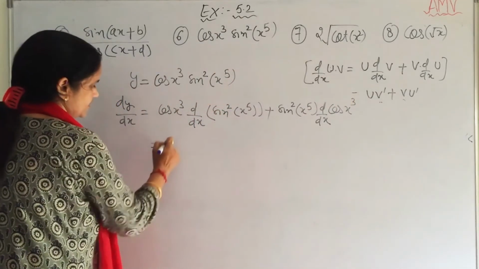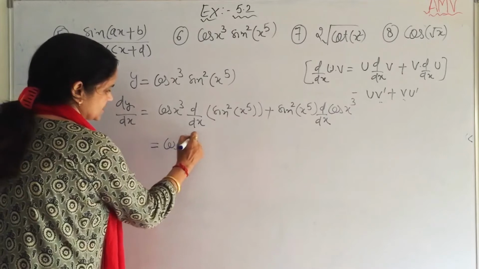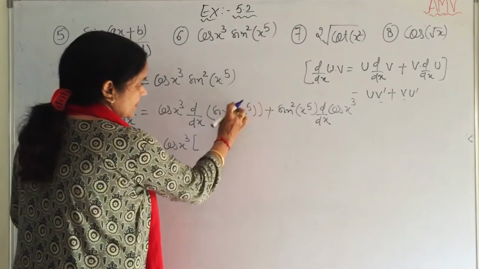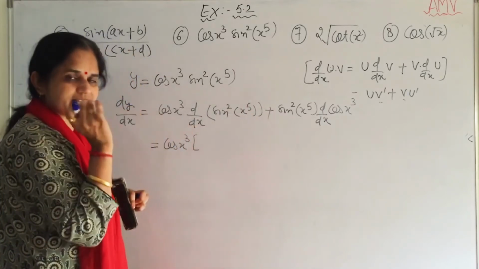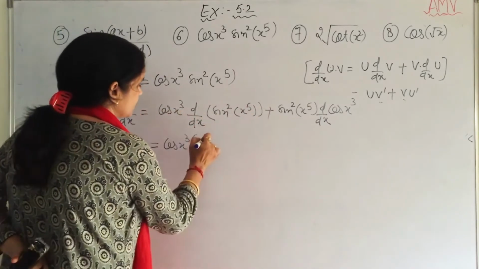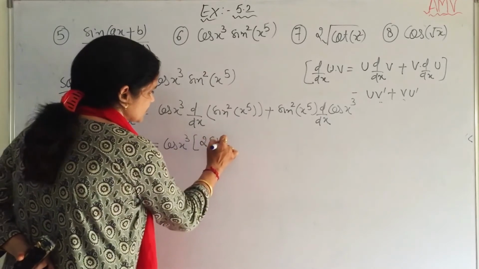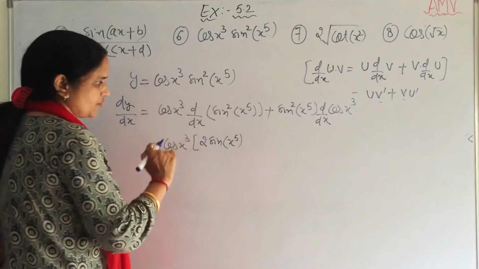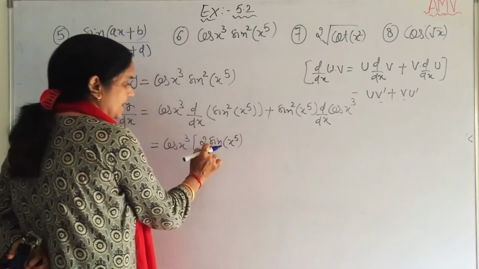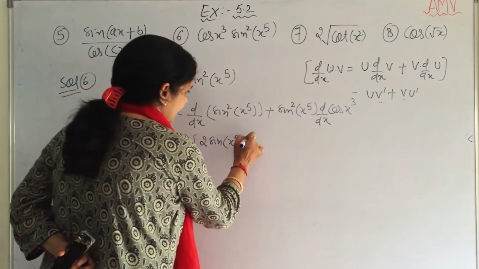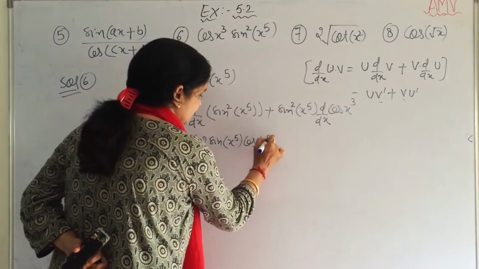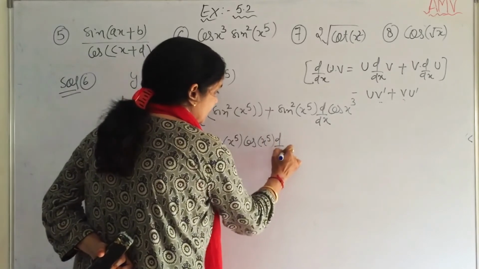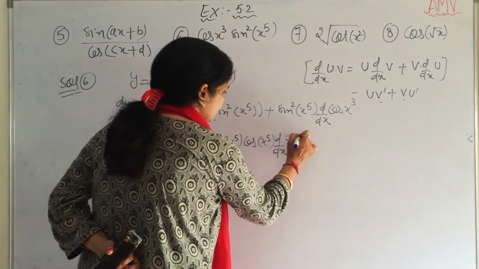Here cos x cube is as it is, the derivative of sin square, and consider this term as x in your mind, so it is 2 sin x^5, and now the derivative of sin x^5 is cos x^5. We are applying the chain rule, and now here d by dx of x^5.